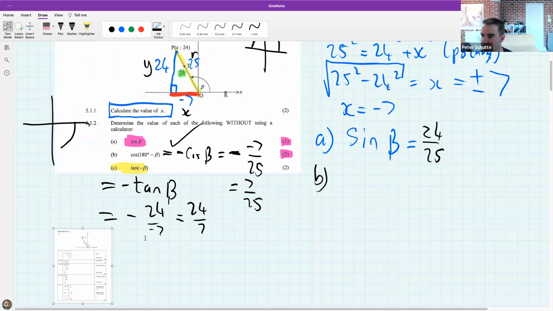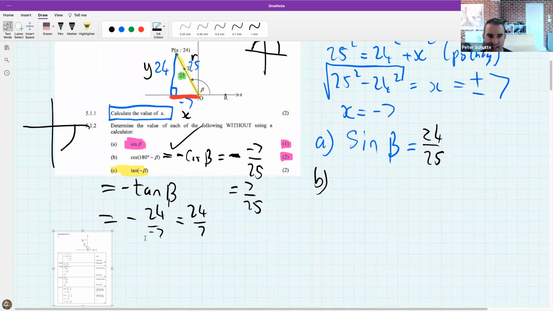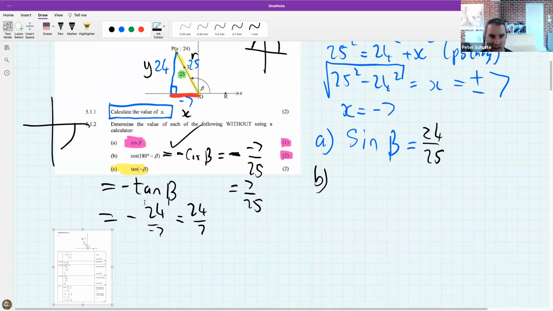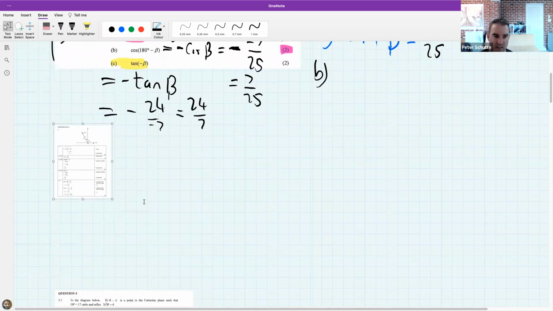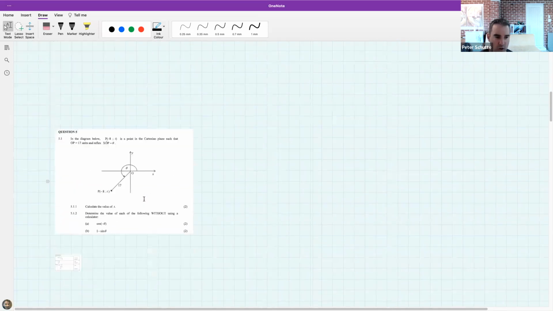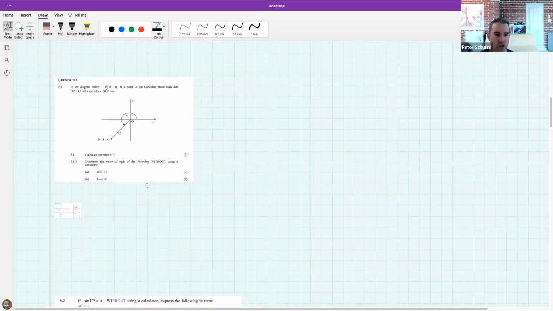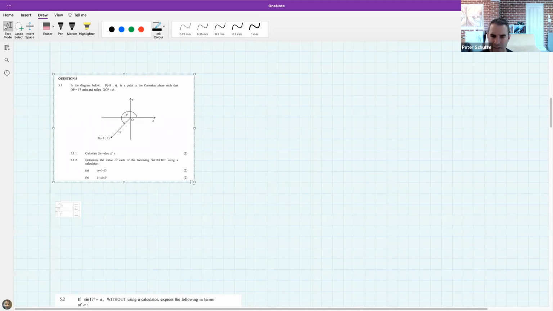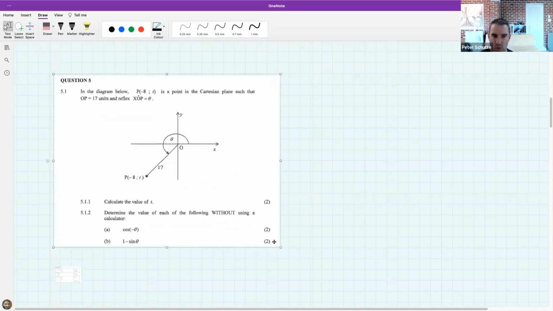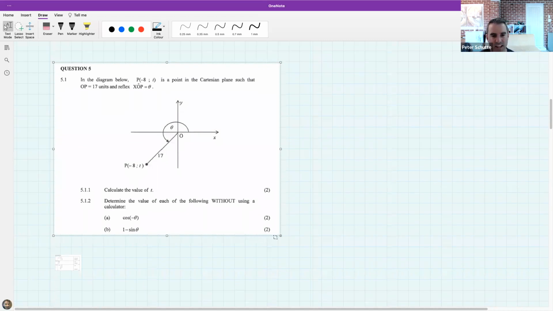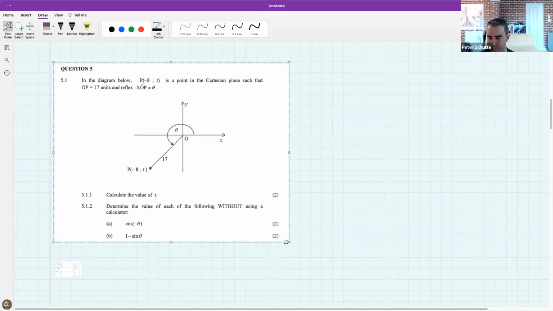All right, so that is typically the first question you get in trigonometry. I'm not going to make you do another one because there's limited time today, but I'll show you another question just to show you how similar they are. This is from, I think, 2017, and the other was 2018. Can you see how it's the same type of question?